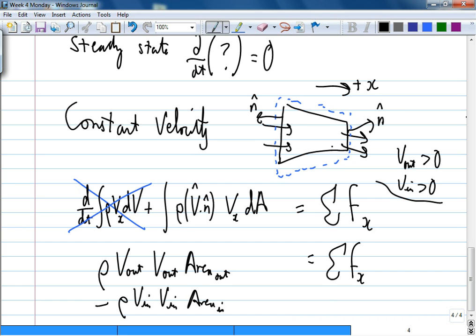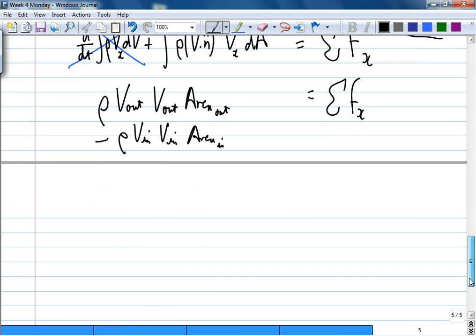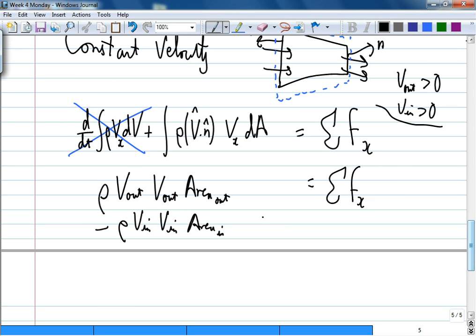They are both going in the positive direction. Is that okay? So rho V out A out is actually m dot out V out, minus m dot in V in, is equal to sum of forces in the x. This is the x component of velocity. Is that alright?